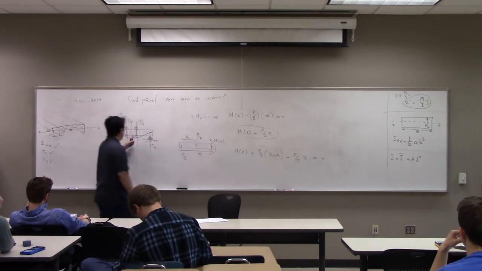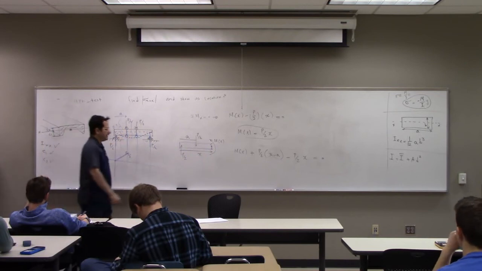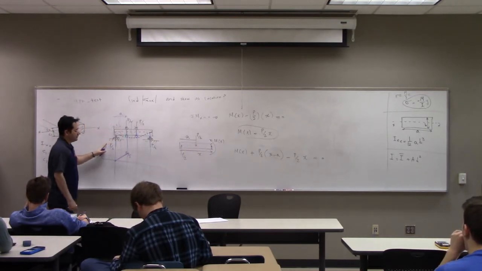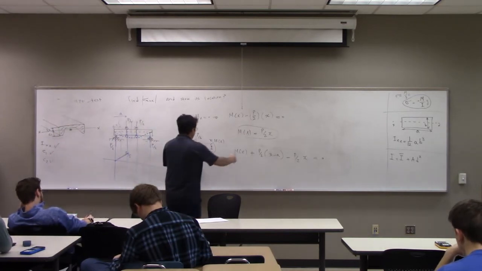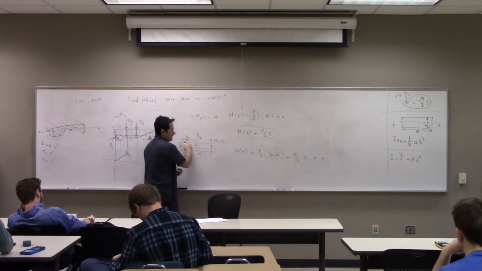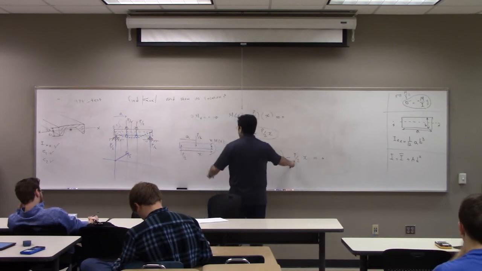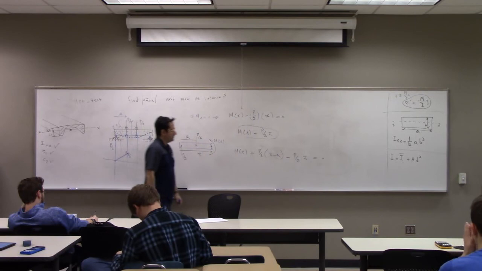So here you have a bending moment, M of x, P over 2 at A, and P over 2 here at the bottom. From here to here is x. So M of x plus P over 2 times this distance, which is x minus A, then negative P over 2 times x, is equal to 0.